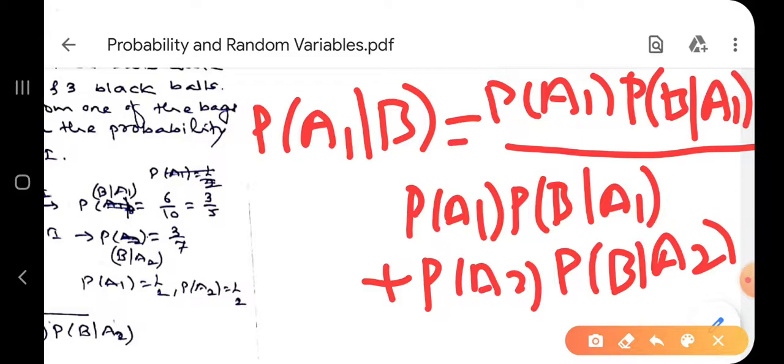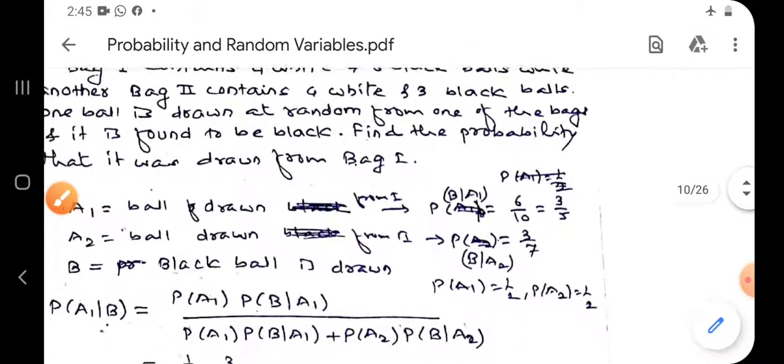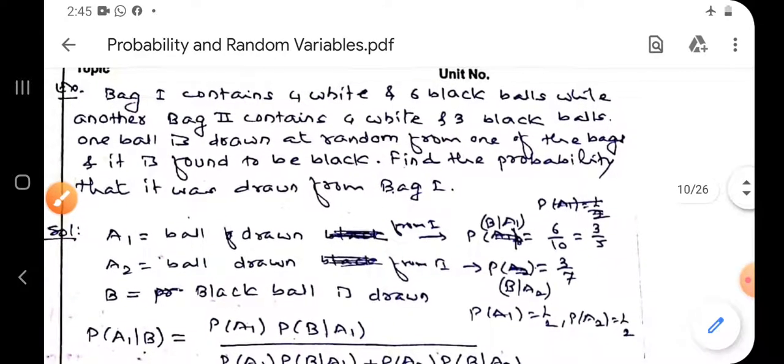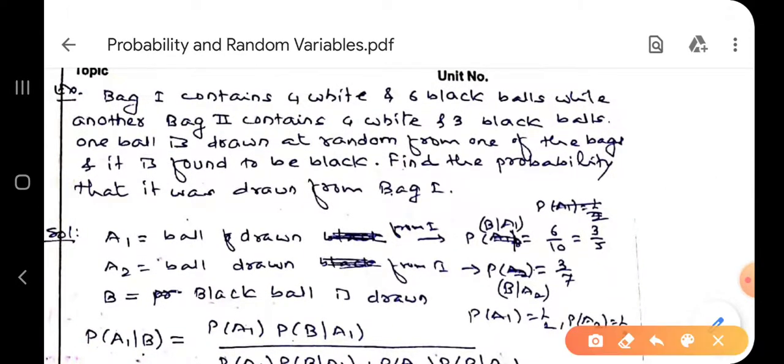Now what did I require? I required P of A1, then P of B by A1, then P of A2 and P of B by A2. These 4 probabilities we want. Let us find them from the given data. For A1, we find the probability of A1. P of A1 means ball drawn from bag 1.